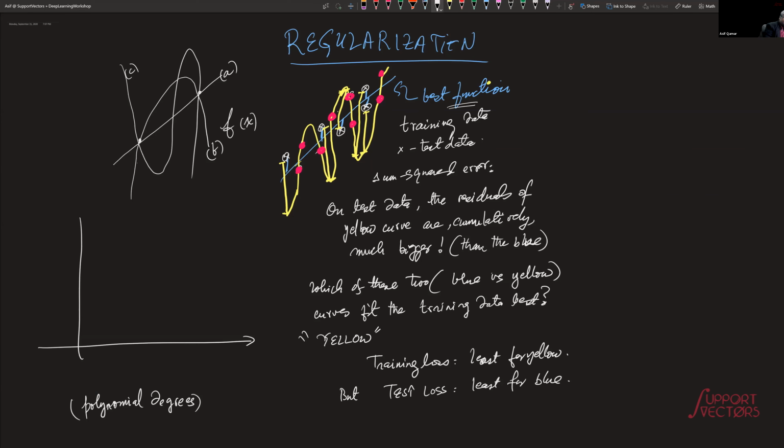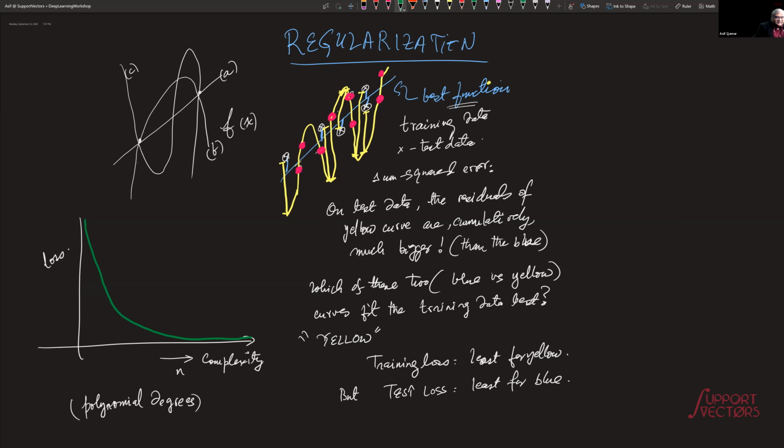So as you increase the degree, so increase the complexity of your model, if you look at the loss, it's very interesting. The total loss for training data goes like this. The more complicated your model is, the more it tends towards zero, and it will quite literally achieve zero.